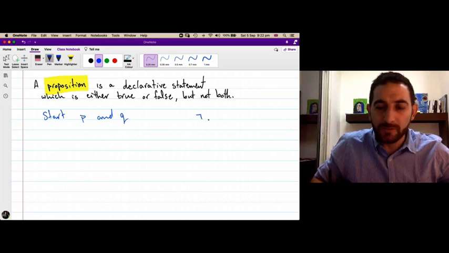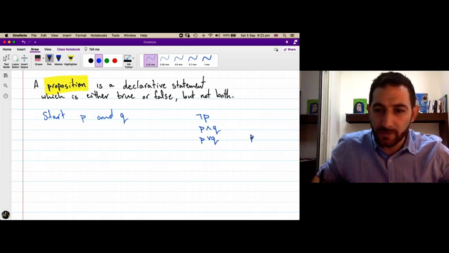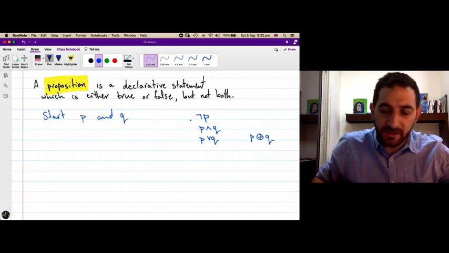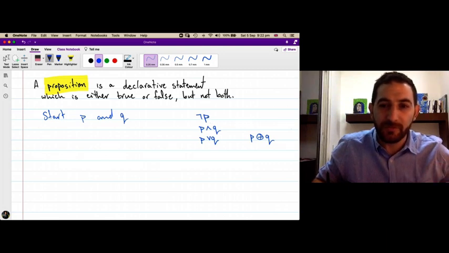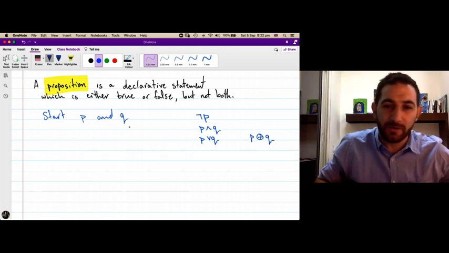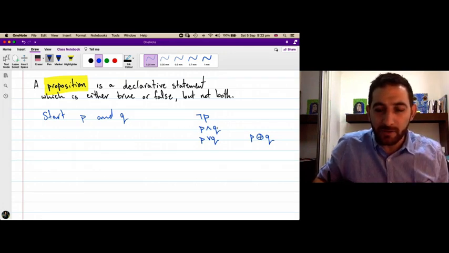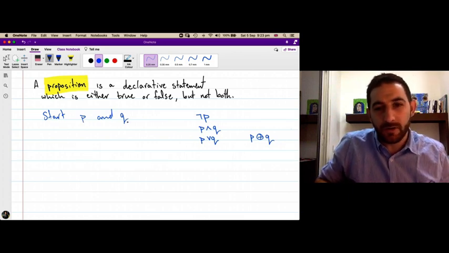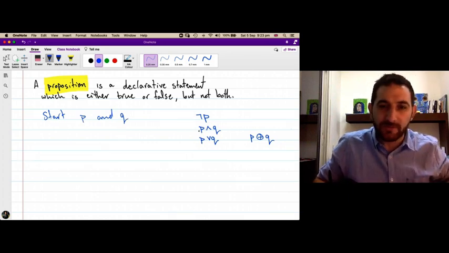We learned how to define not P, the negation of P, or the conjunction of P and Q, or the disjunction P or Q, and we also learned the exclusive or, P exclusive or Q. And we said that all these new statements are also propositions because we defined their truth value based on the truth value of P and Q. So remember, for example, P and Q will be true only in one case, when P is true and Q is true. Otherwise, its truth value is false.